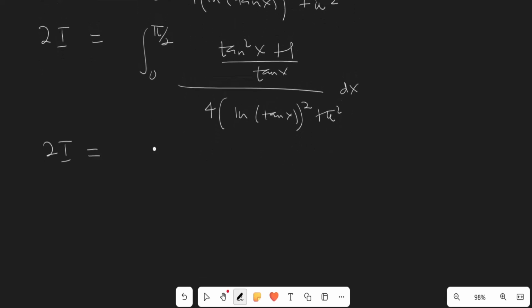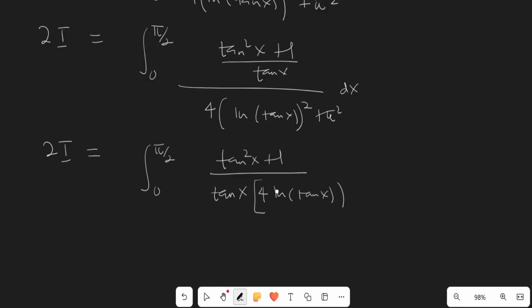So 2I is the integral from 0 to pi over 2 of tan squared x plus 1 all over tan x times 4 natural logarithm of tan x squared plus pi squared, all this dx.